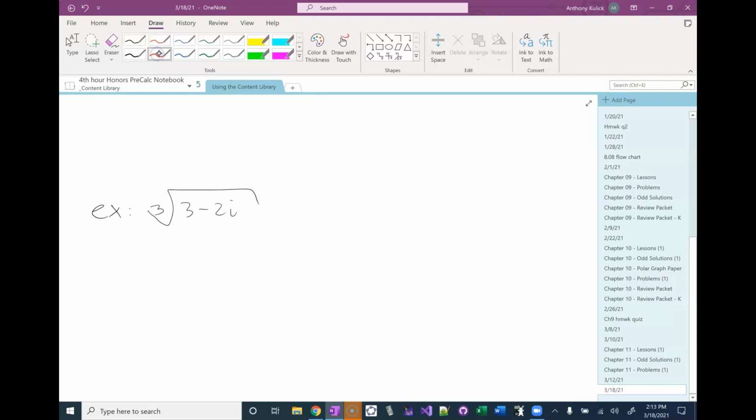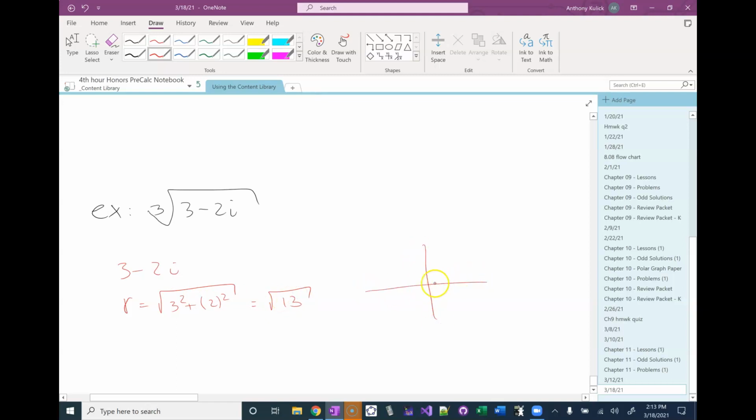The first thing I notice is that my complex number is not written in trigonometric form. I'm going to convert it to trigonometric form because life is so much easier when it's in that form. So r is the square root of 3 squared plus 2 squared. It's the square root of 13.